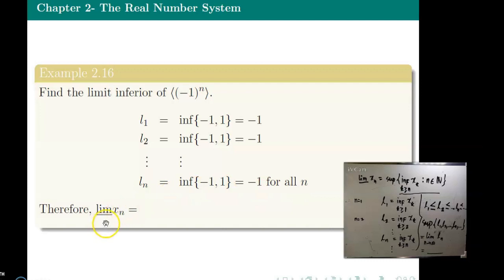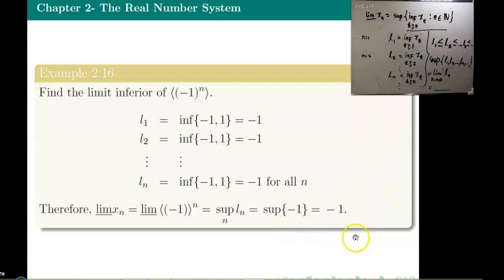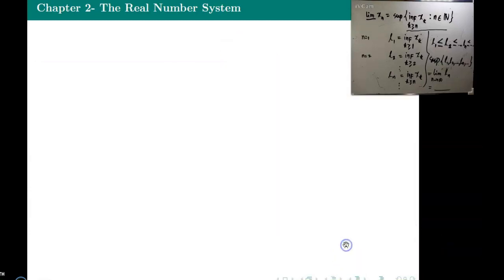So the limit inferior of x sub n is the supremum of L sub n for all n. The supremum of L sub n is of course -1. So the limit inferior of this sequence is -1. And that's it.